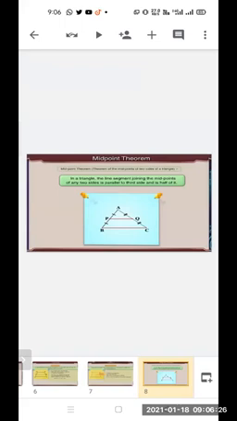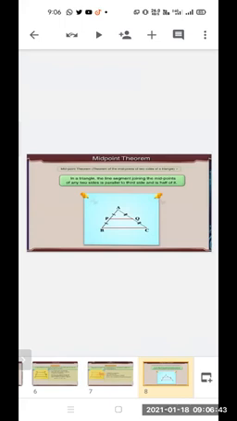In a triangle, the line segment joining the midpoints of any two sides is parallel to the third side and is half of it. Okay.